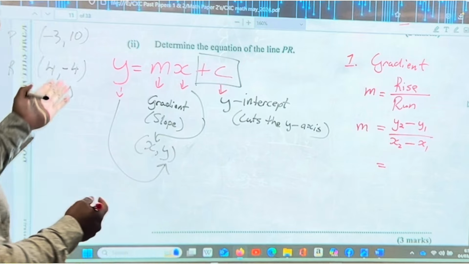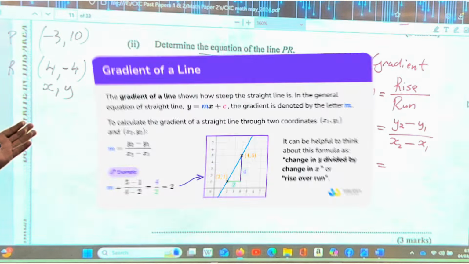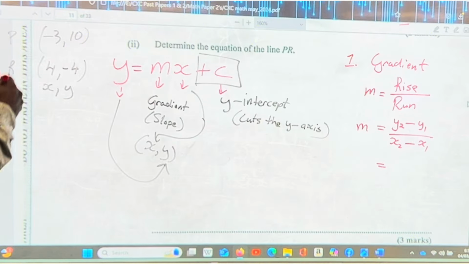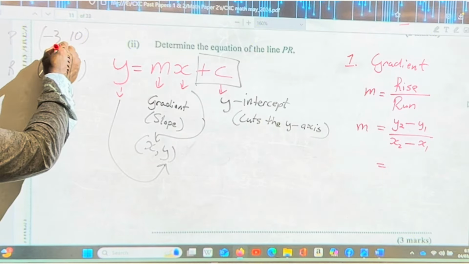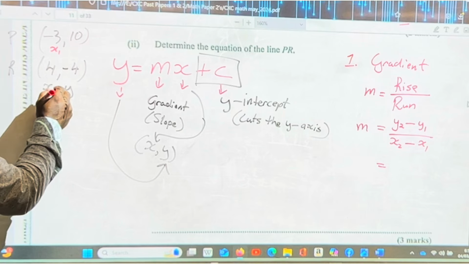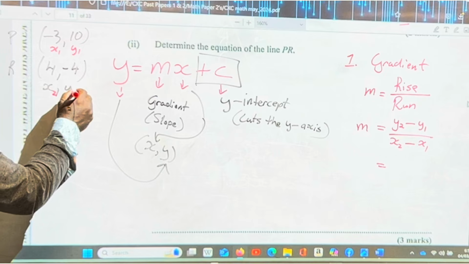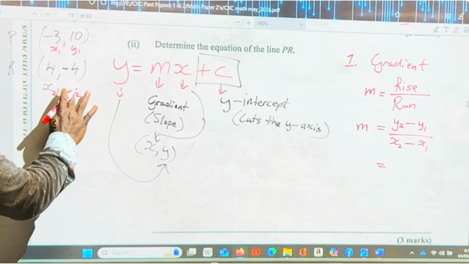Again, we have to go back and put labels on these. We could use the original ones we have: x1, x2, y1, y2. You see that?